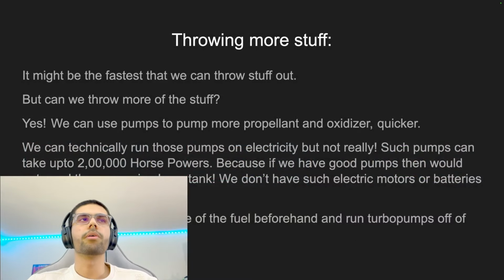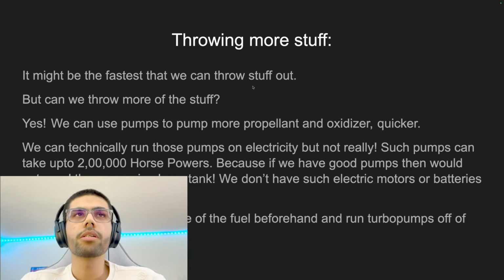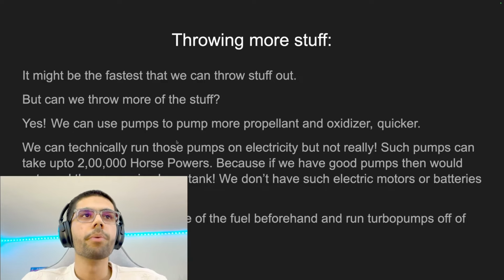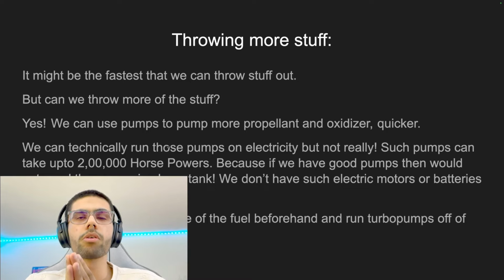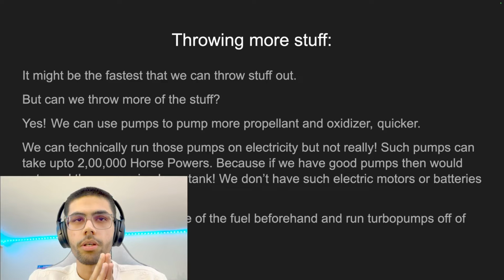Let's talk about that. It might be the fastest way to throw stuff out, but such pumps could take like 200,000 horsepower, and we can't use electric pumps for producing this much power.